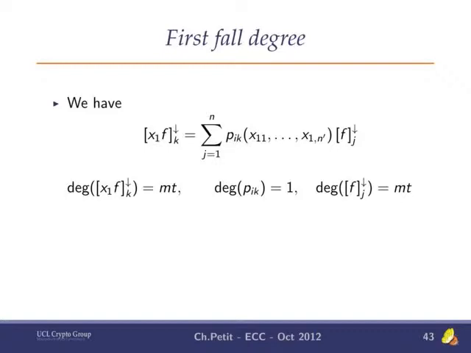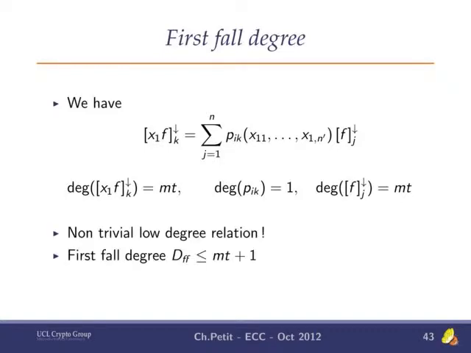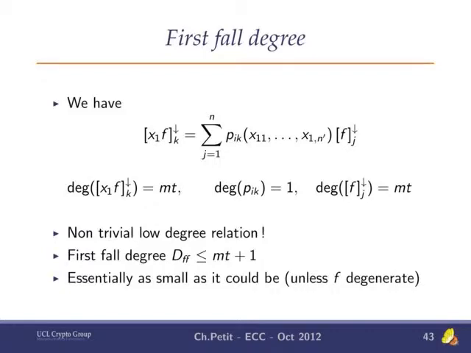So we do have a degree fall here. It's not a trivial one. And so this shows that the first fall degree in that case is lower than mt plus 1, which is essentially as small as it could be because we're starting with equations of degree mt, unless f is somehow degenerate.